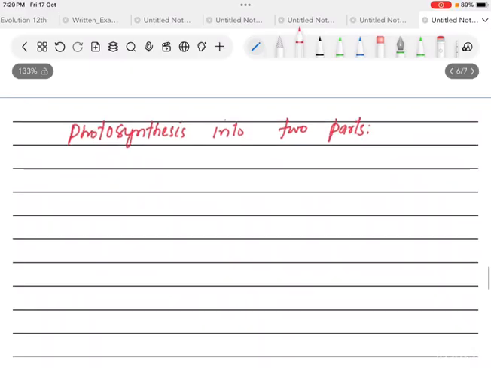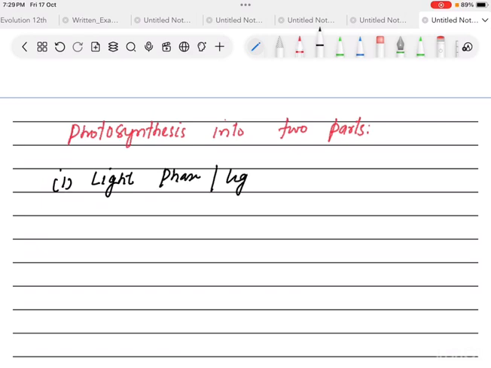The first part or the first phase of photosynthesis is known as light phase, or light reaction. It's also known as Hill's reaction. Fine. And the second phase is known as dark reaction.